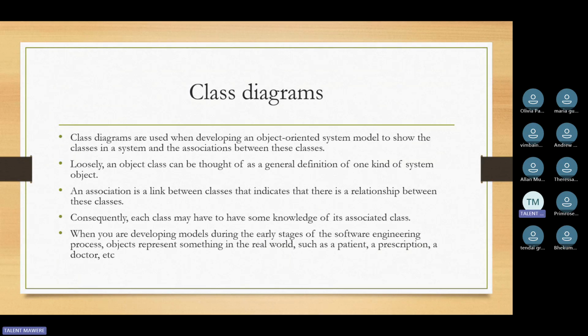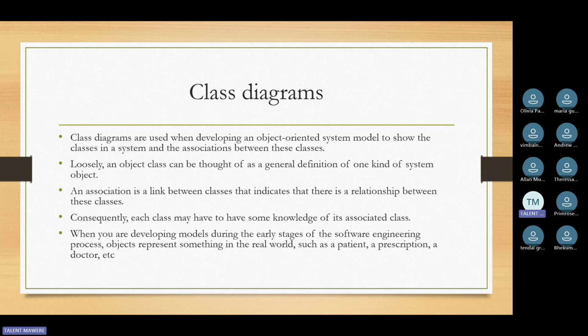In our previous lecture that we made physically, I think the last thing that we were talking about was system modeling. We highlighted the importance of system modeling as a way of representing requirements in a way that allows everyone to be clear on what exactly needs to be done.